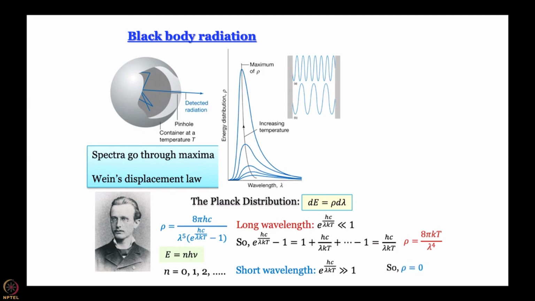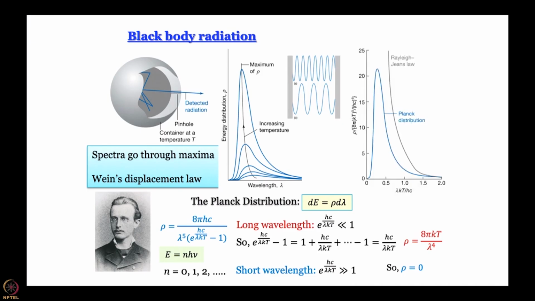So, what we are saying is that Planck's distribution actually goes through a maximum and becomes 0 at very high frequency. And if you look at this distribution and the experimental spectrum at a given temperature, they match perfectly. That is why Planck's distribution is widely accepted. What was Planck's goal?